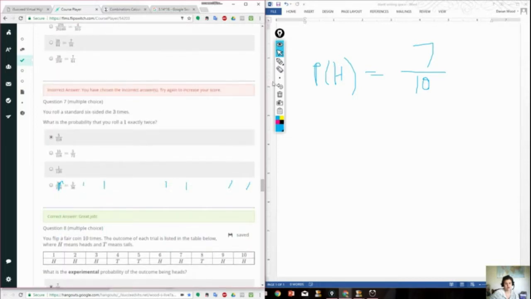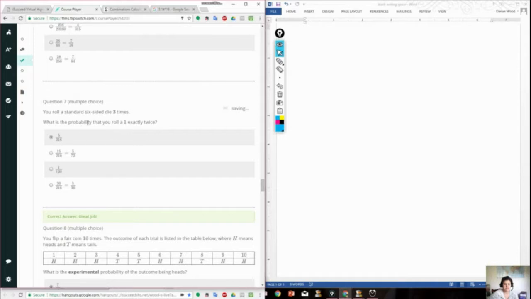Great job. Okay, you roll a standard 6-sided die 3 times. What is the probability that you roll a 1 exactly twice? Okay, so I think of my sample space as, well, I have 3 rolls.